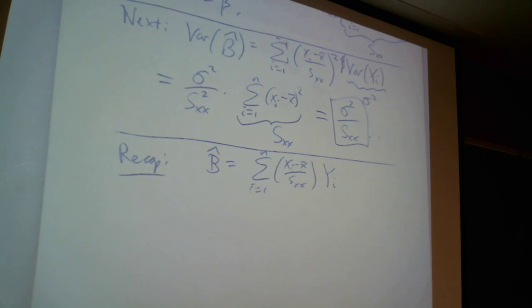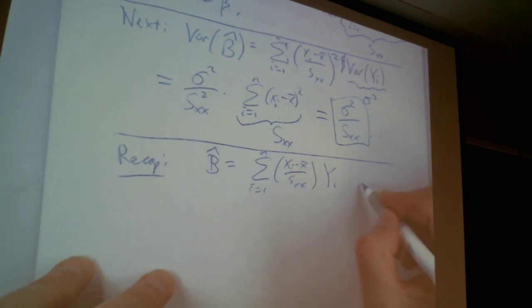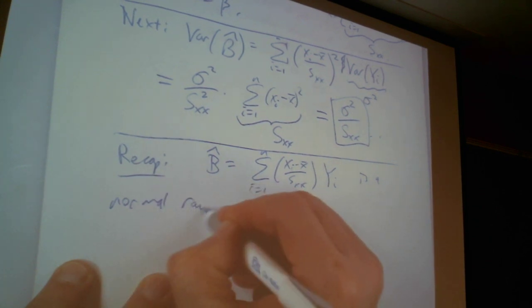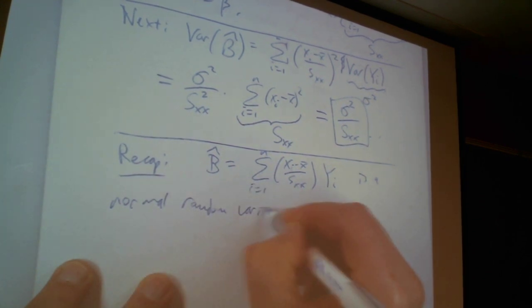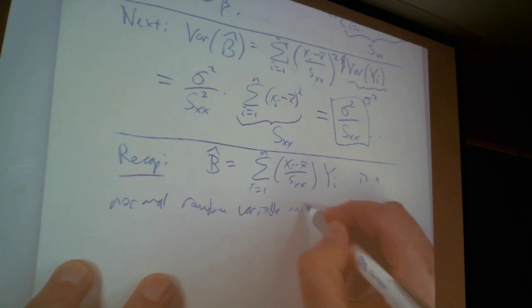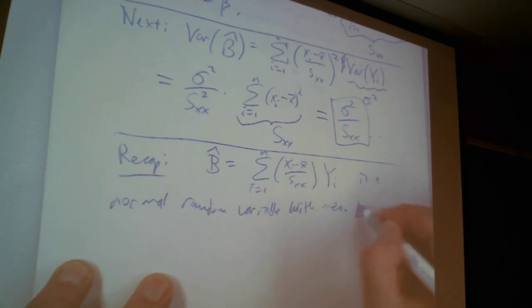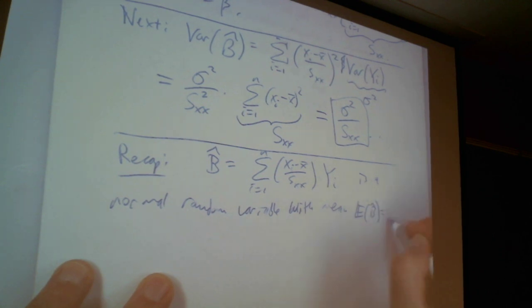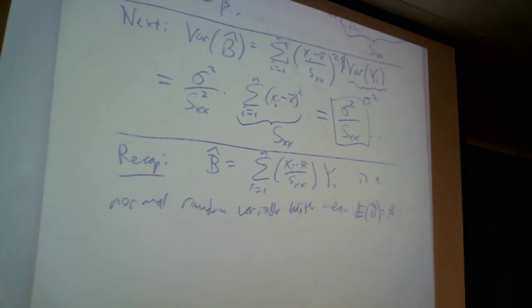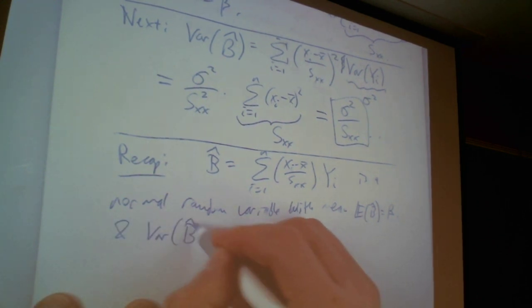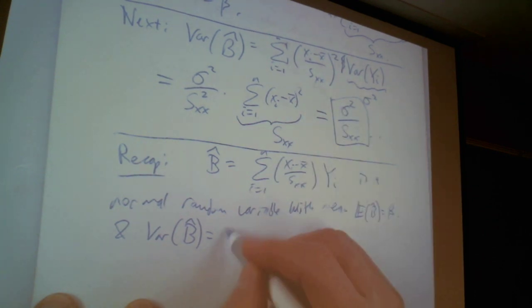That random variable is normal, with mean, expected value of B hat being this theoretical value beta, and variance of B hat exactly what we just computed, the theoretical sigma squared over sxx.